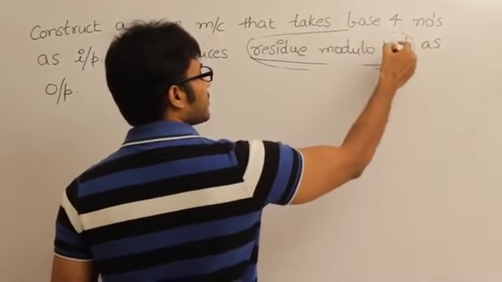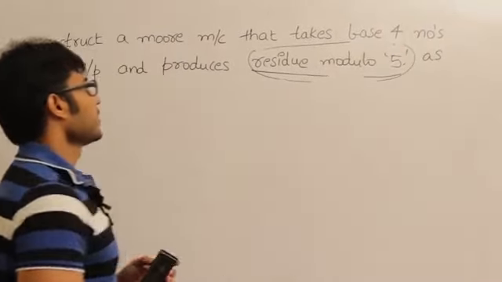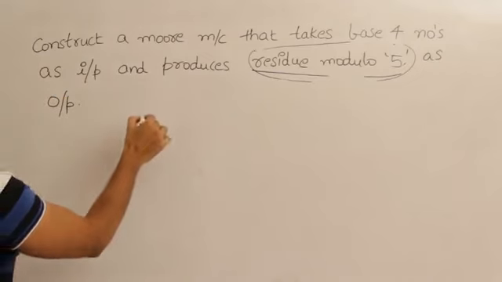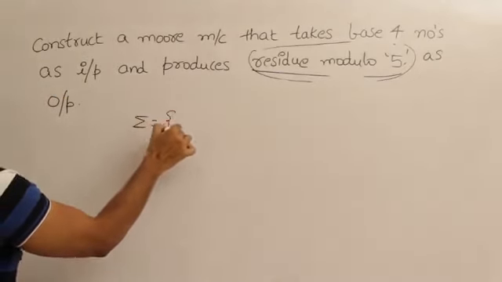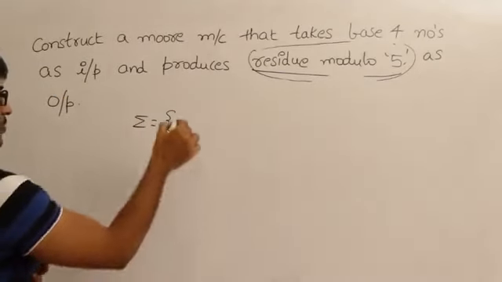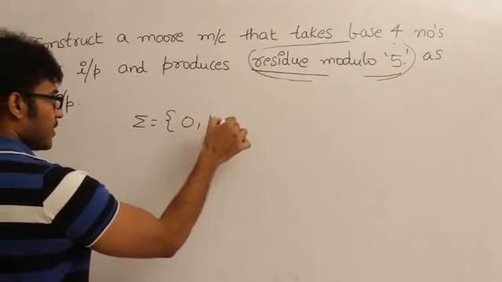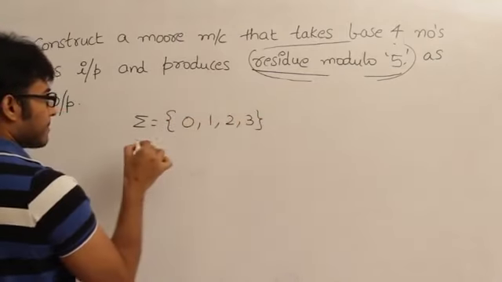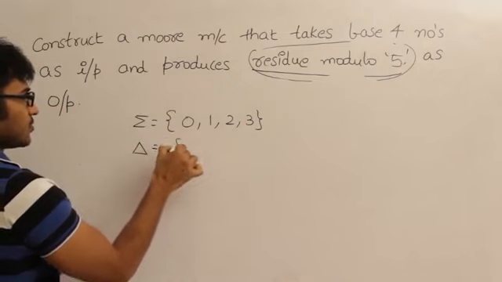So what should be the input? Input is all base 4 numbers. What are all base 4 numbers? 0, 1, 2, 3. And the output is the remainder modulo 5.